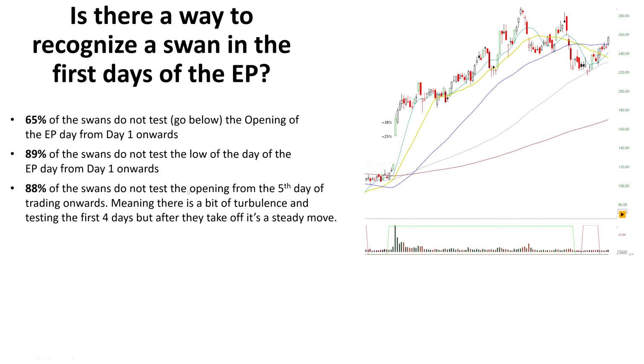88% of the swans do not test the opening from the 5th day of trading onwards, meaning there is a bit of turbulence in the first 4 days, but after they take off, it's a steady move.